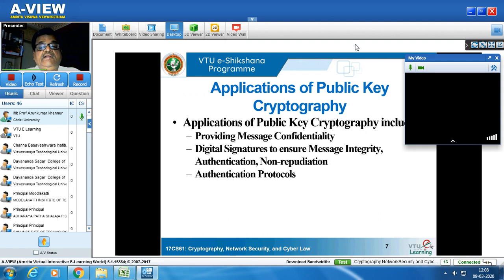In the application of public key cryptography, we have to understand that the overall objective is to provide message confidentiality by making use of mathematical functions based on primes, Euler's algorithm and Euclid's algorithm.